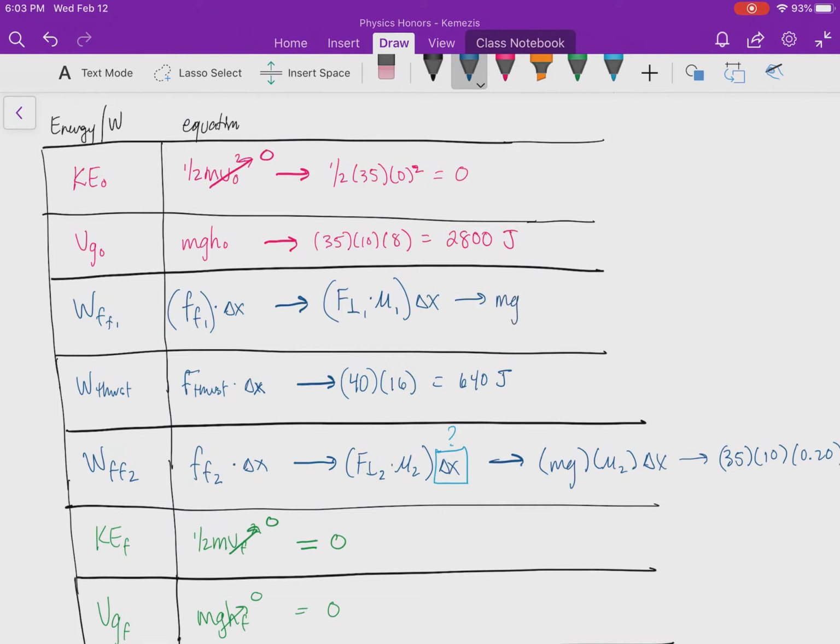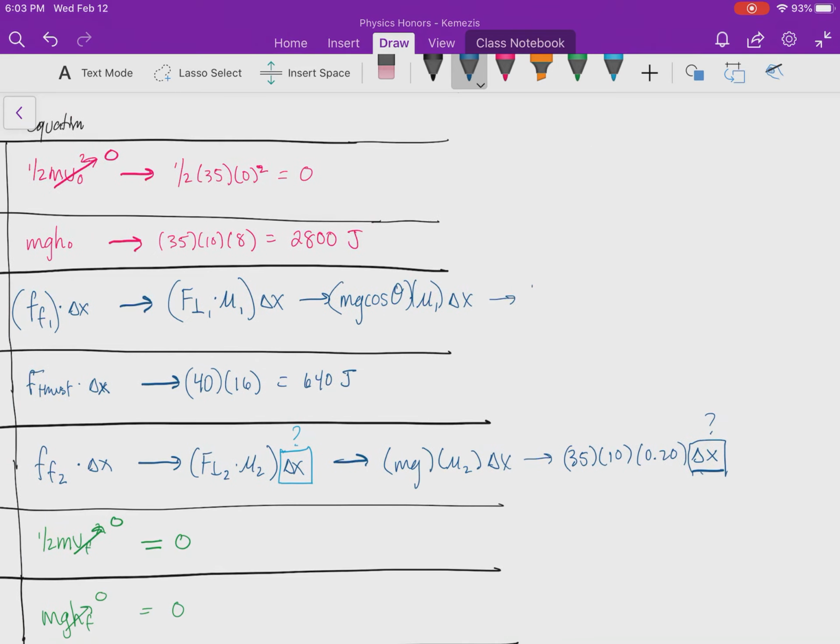Normal force is mg cosine theta times mu times delta x, and plug in some numbers, right? 35, 10, cosine 48.59, delta x, and this went down that 16 meters. So we can get an answer here.